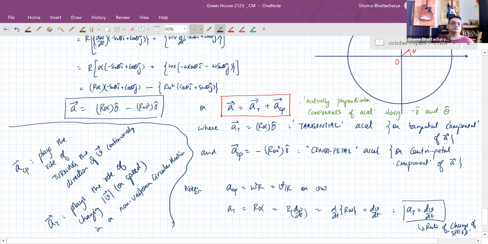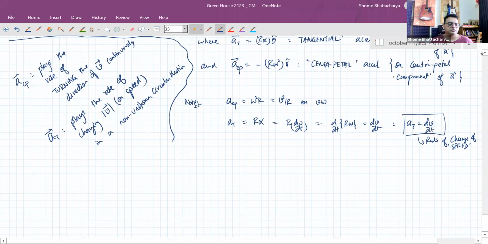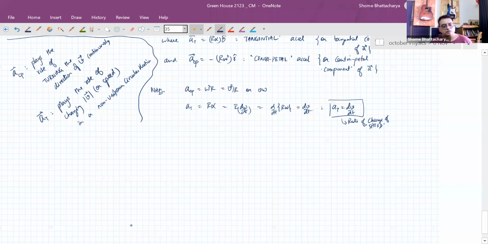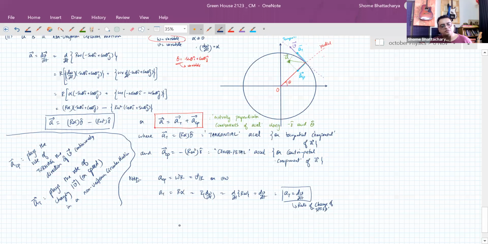This is another important thing to remember about the role played by the two individual components of acceleration. And finally, the magnitude of the net acceleration.